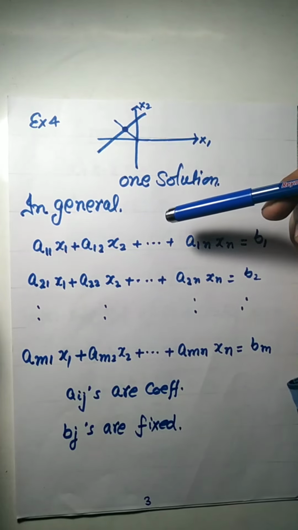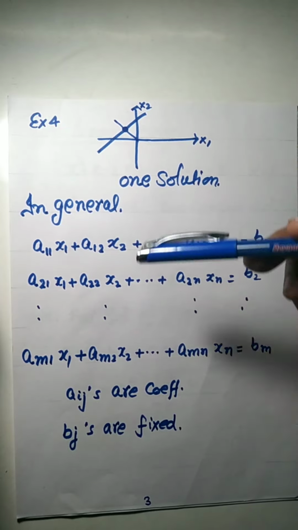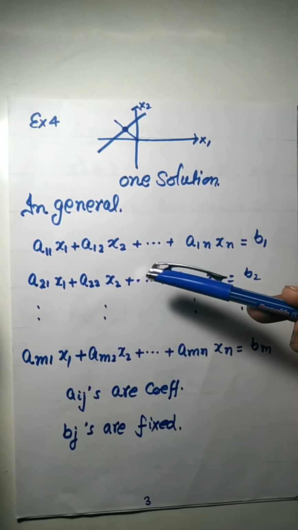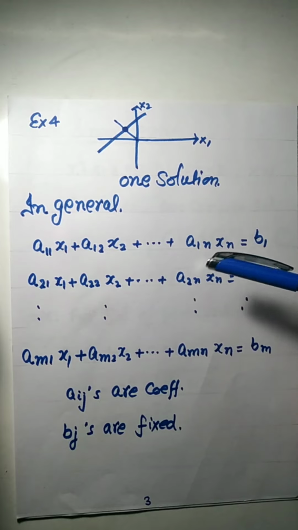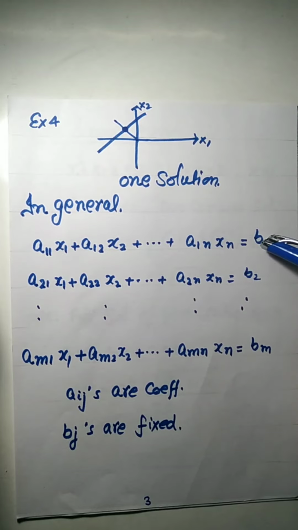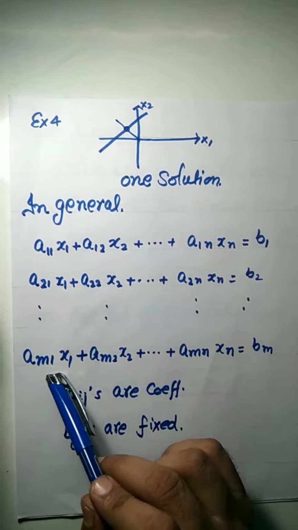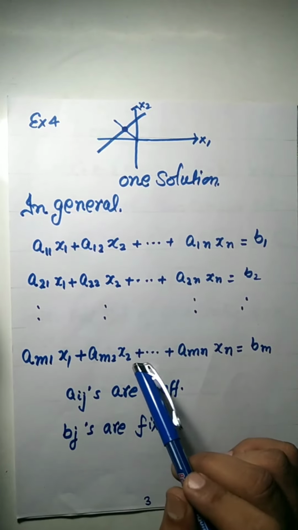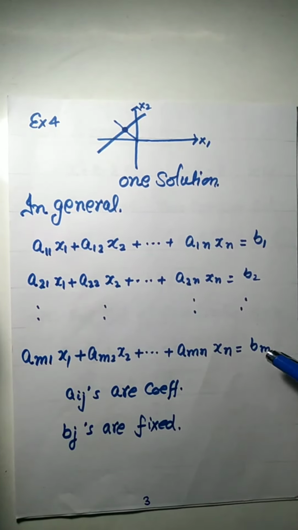We can say it is consistent. In general, a11 x1 + a12 x2 + ... + a1n xn = b1, and similarly am1 x1 + am2 x2 + ... + amn xn = bm.